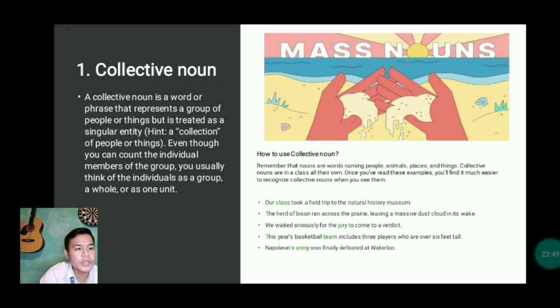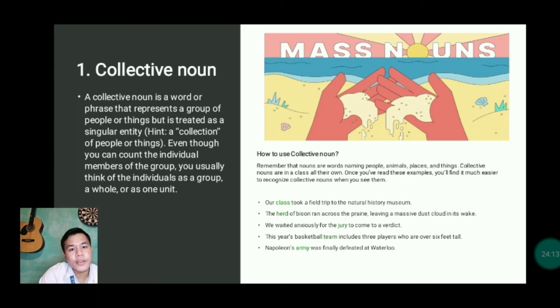Here is the proper usage of the collective noun.